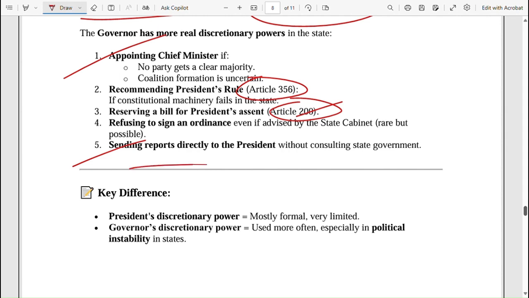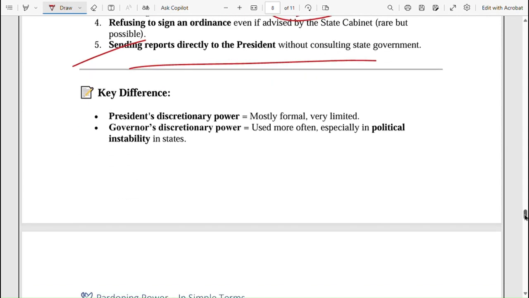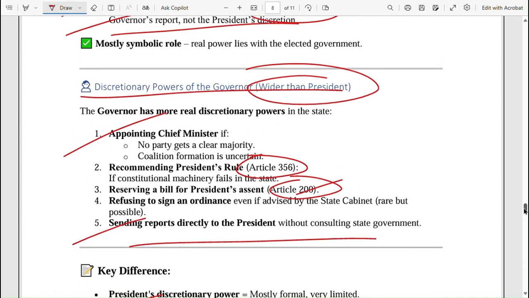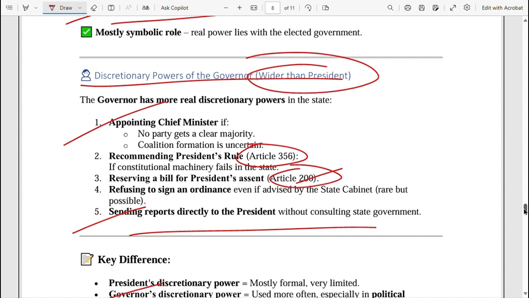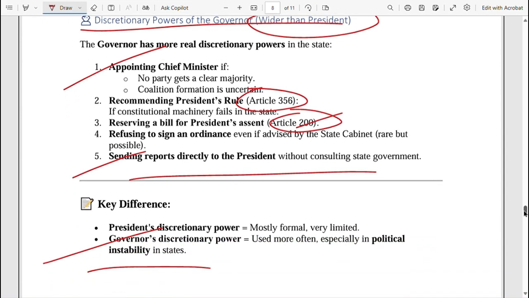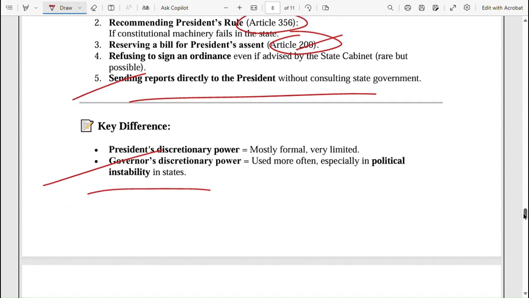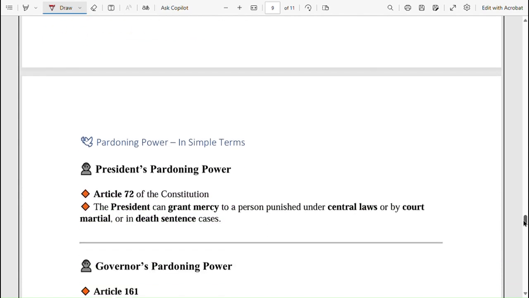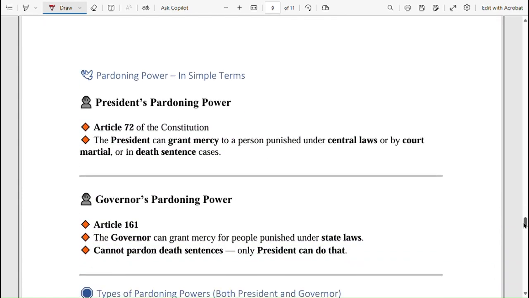And also, using discretionary power, sending reports directly to the president can take place without consulting the state government. So the key difference is that the president's discretionary power is mostly formal and very limited, whereas for the governor it is more than the president's, especially if there is political instability in states, as I told you, using Article 356. So he can recommend president's rule there.